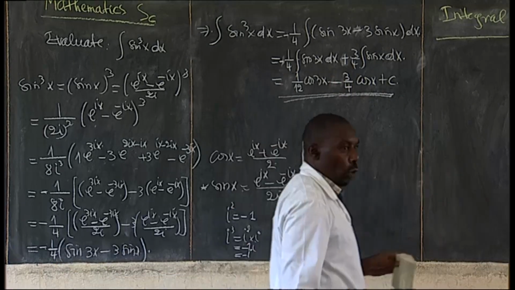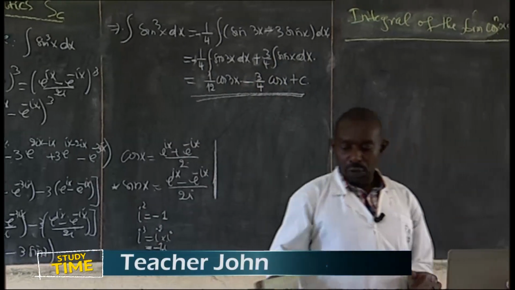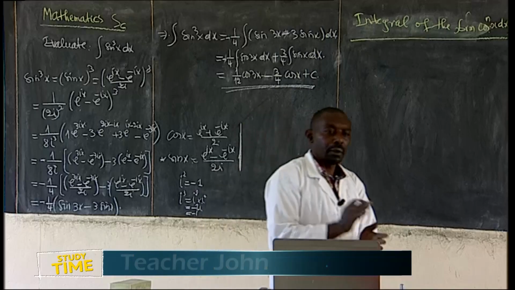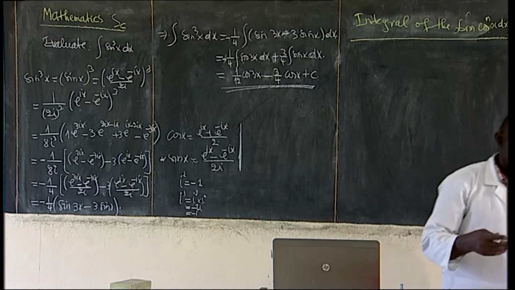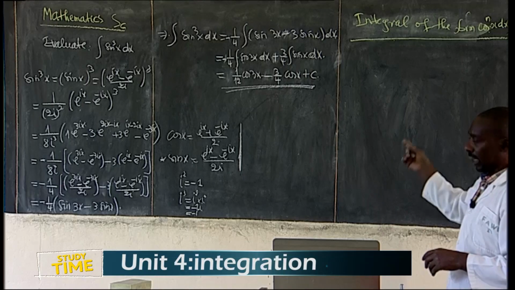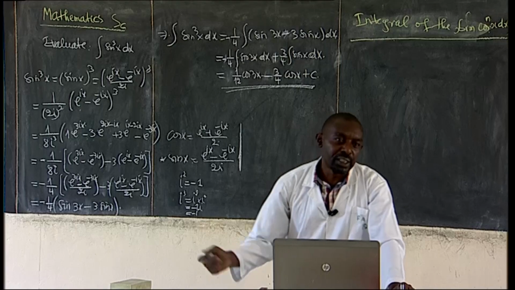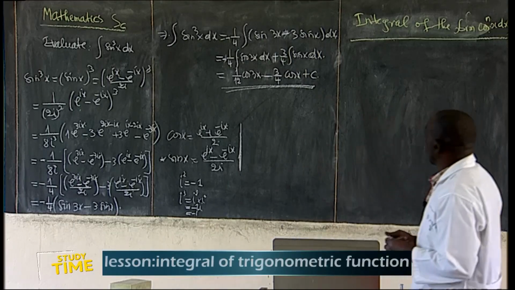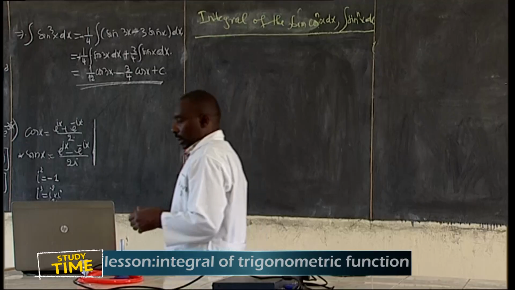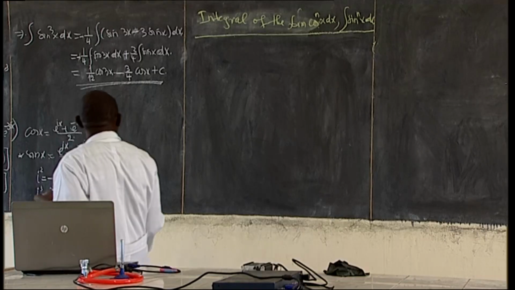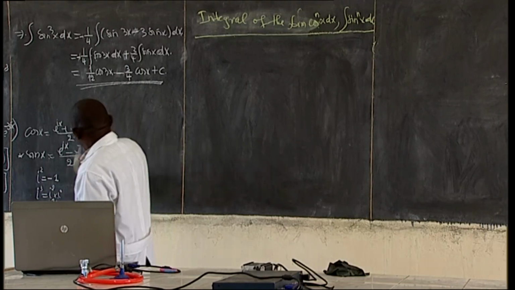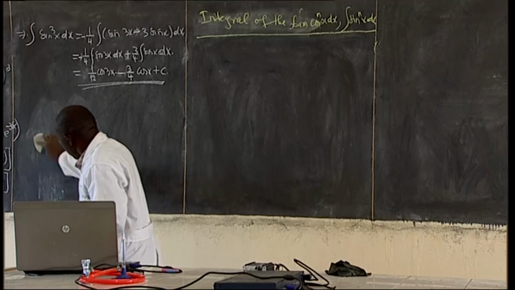Okay, so when you work with sign, you have to be very careful. So it is easy to make a mistake. But at this level, as we are mature enough, this is not a serious case. Okay, let us continue with our lesson.